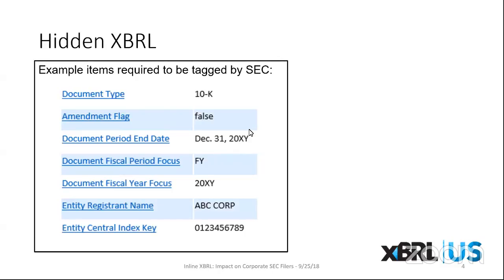As a general rule, if the fact value is displayed in the HTML filing wherever, whether it's in the financial statements or on the cover page or anywhere else in the HTML document, it is appropriate to tag it in that visual place and then forego the hidden XBRL. And I will say one other thing about the cover page: don't forget that in the FAST Act proposal, which has not yet been adopted, they did indicate that things will be tagged on the cover page in the future. So that may actually be required to be tagged directly from the cover page.